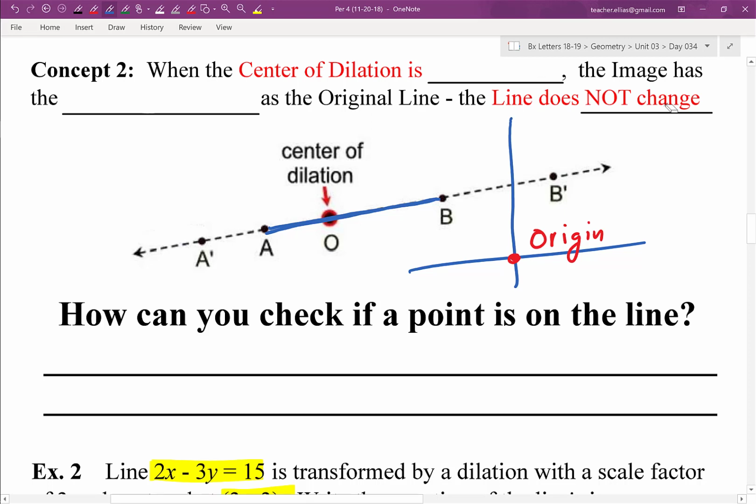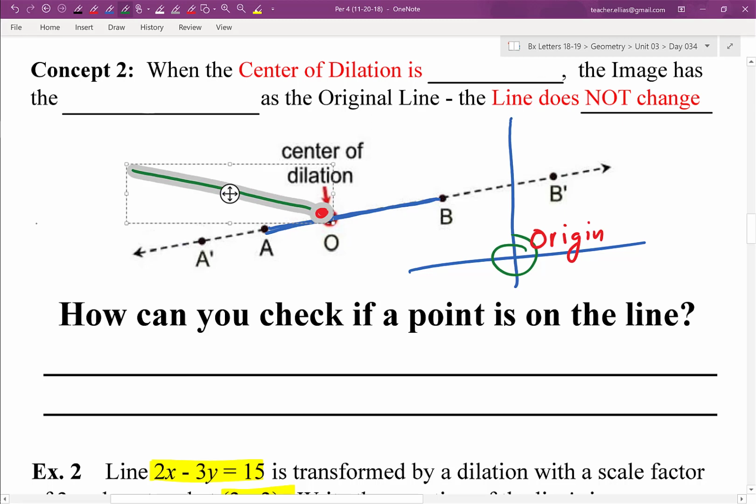When the center of dilation is on the line, that point holds it down. Because remember, dilations are like how far away is the thing from the center of dilation. If the center of dilation is the origin, then your line has to go that far away.